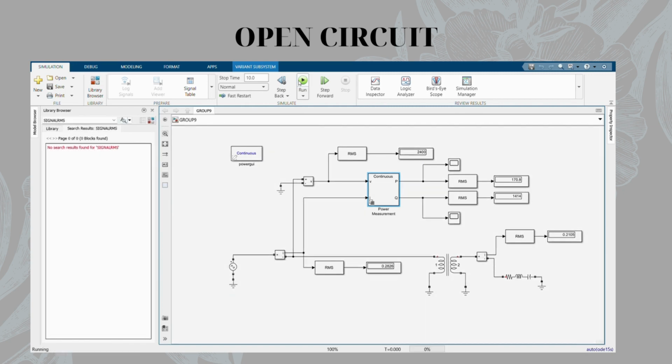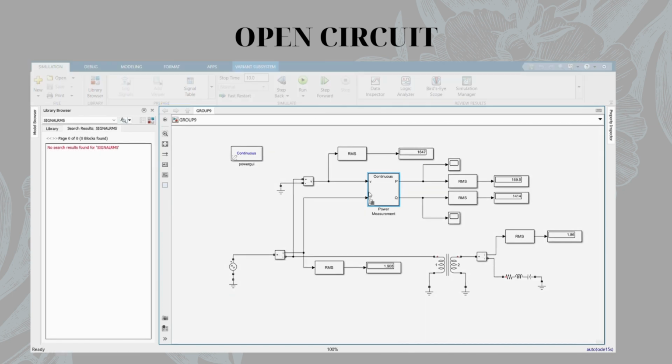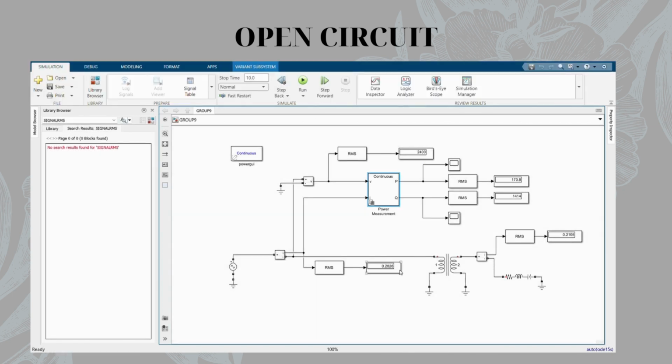So when I run the simulation, as you can see, we get the measurement of several types of measurement, which is voltage, current, and power.